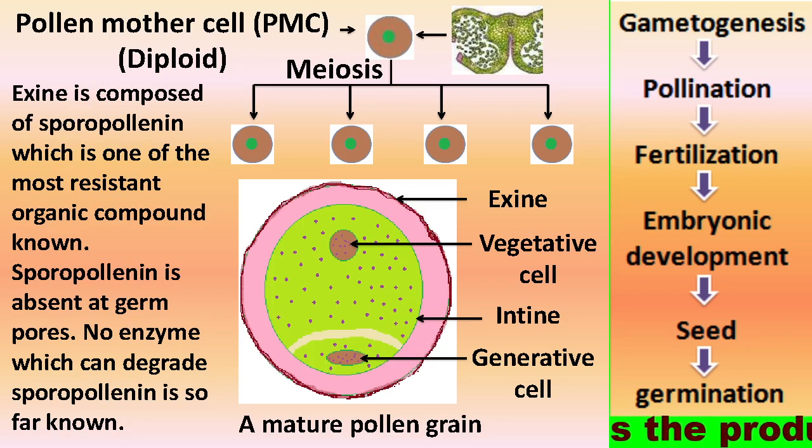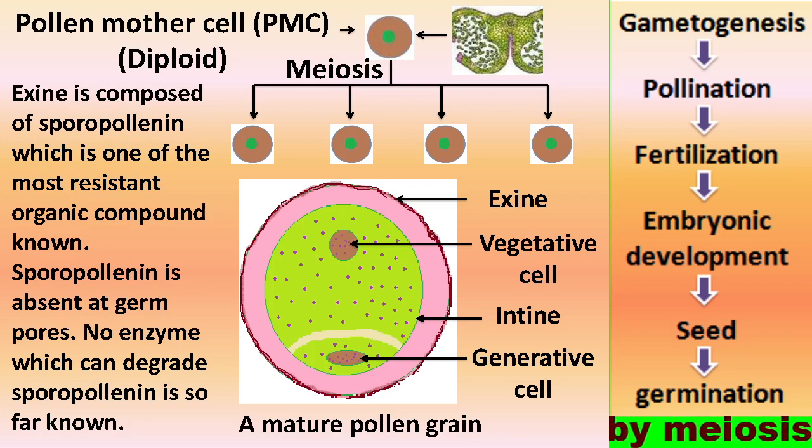This pollen grain has an outer rigid cover which is known as exine. This is very rigid, and this exine also contains a very hard layer of biomolecules which is known as sporopollenin.